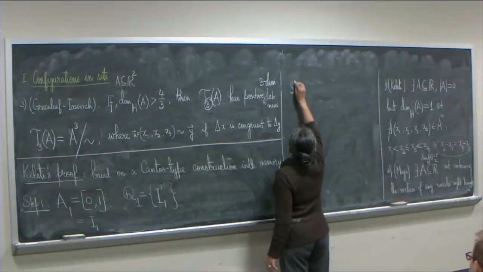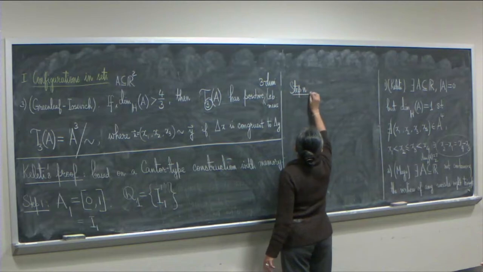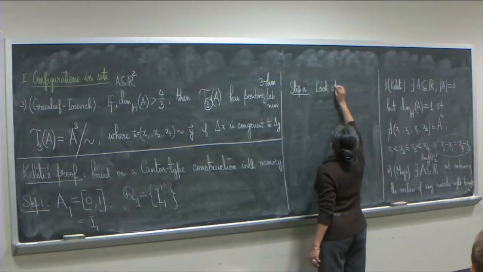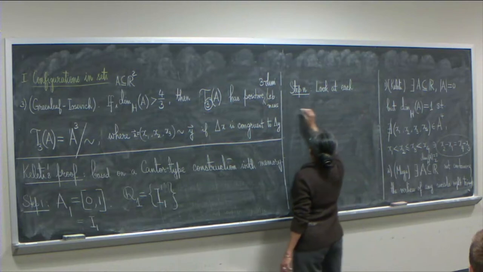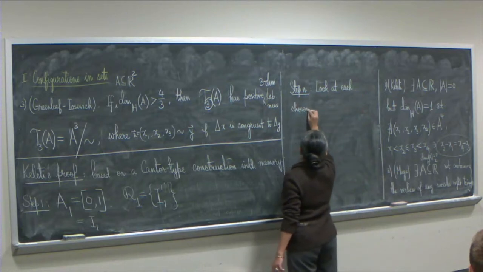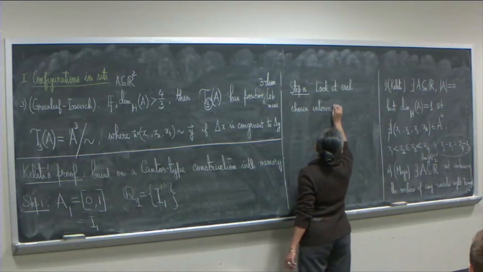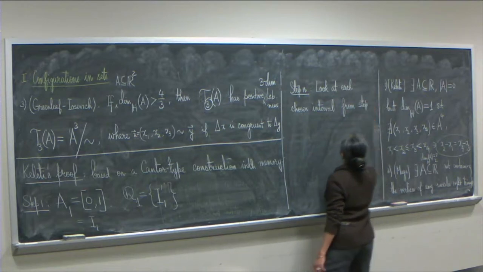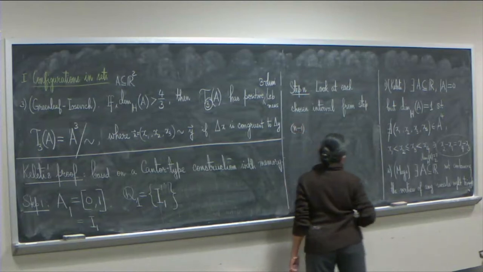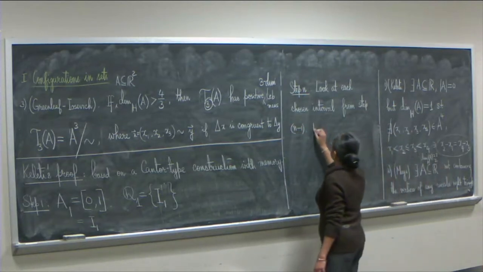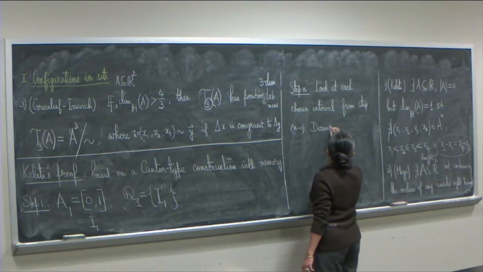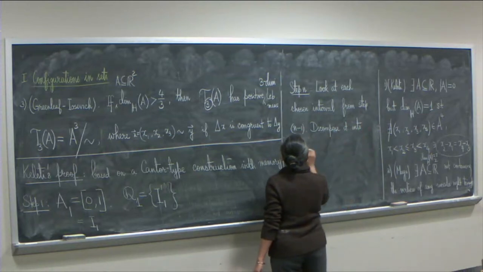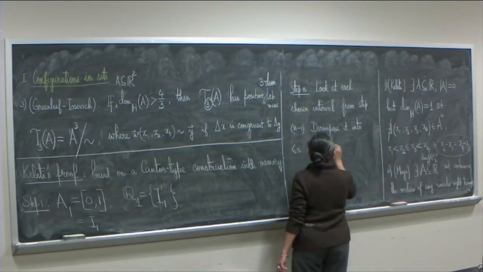Now let's look at step n. What we do is, we look at each chosen interval from step n minus 1, and we are going to decompose it into 6^n equal subintervals.